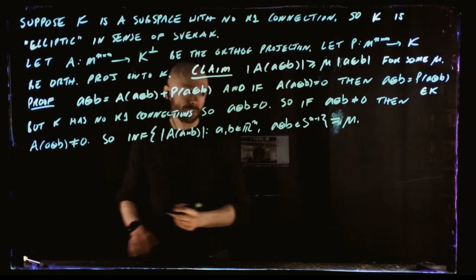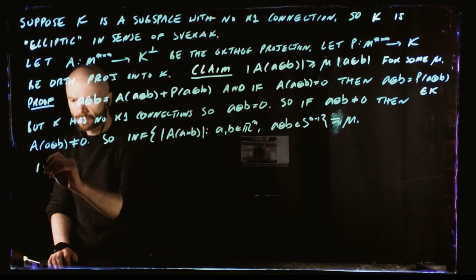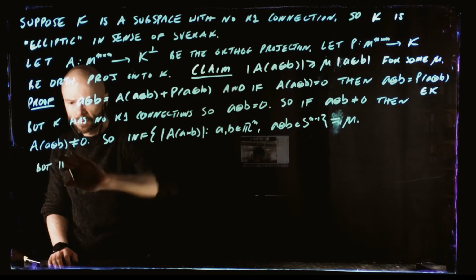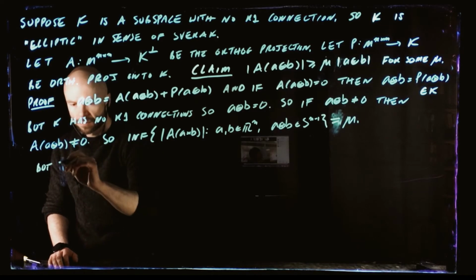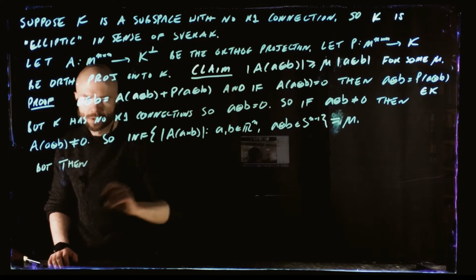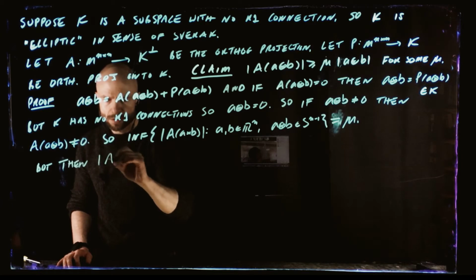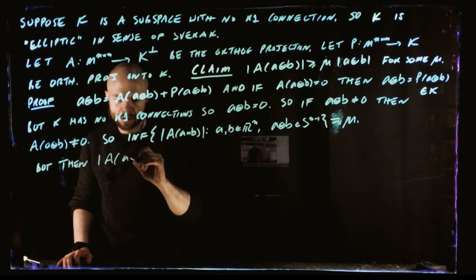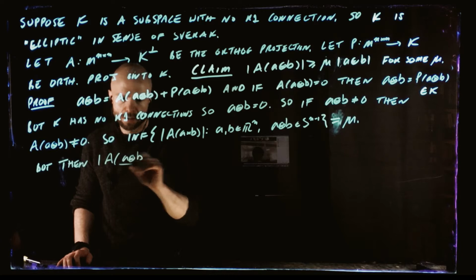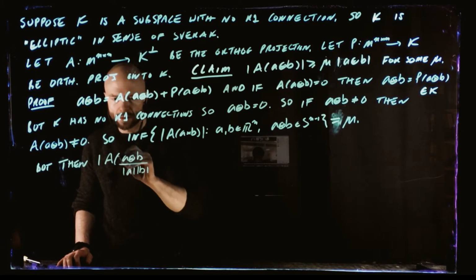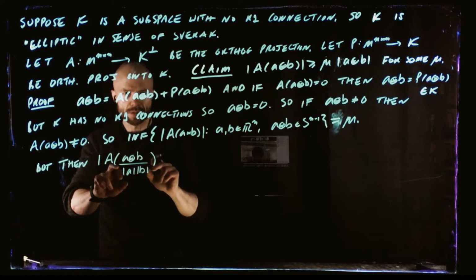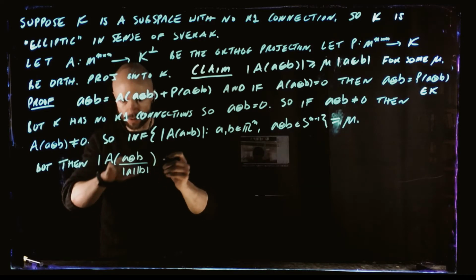But then if we do this, like this, the norm of this matrix has got norm 1. So in 2 by 2 this is easy to see, but it's just generally true.